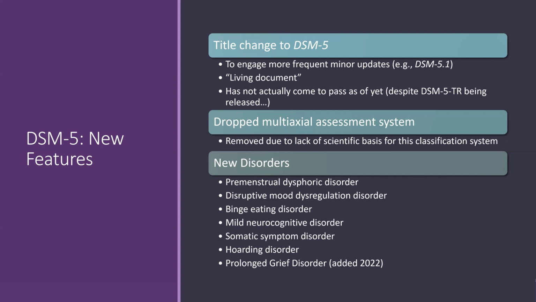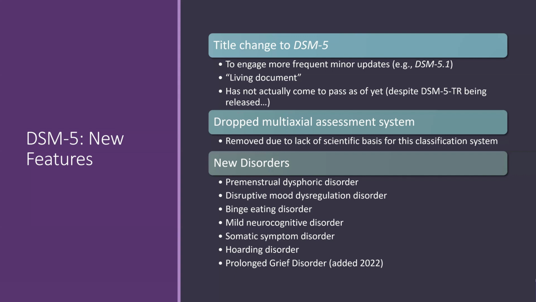Another major change is that they dropped the multi-axial assessment system. So DSM-3 and DSM-4 had those axes with tiers of different levels, but there was no scientific basis for classifying diagnoses in this way. There's nothing to say that personality disorders and intellectual disorders should be in a different category than other mental health disorders.